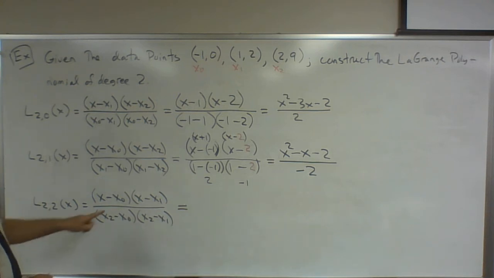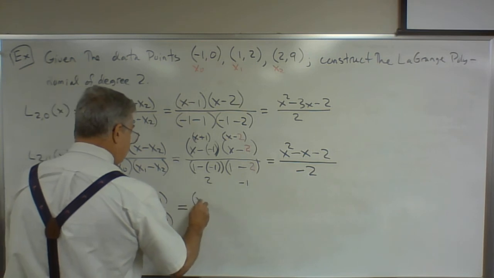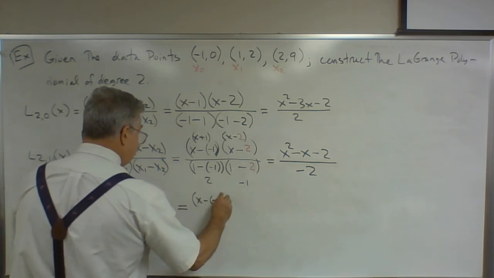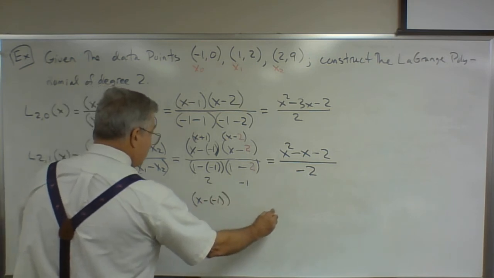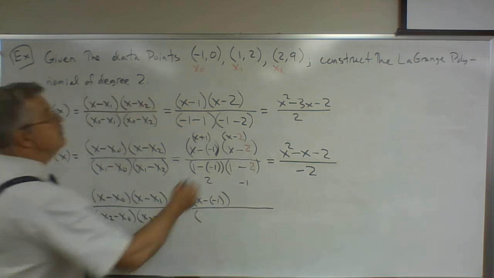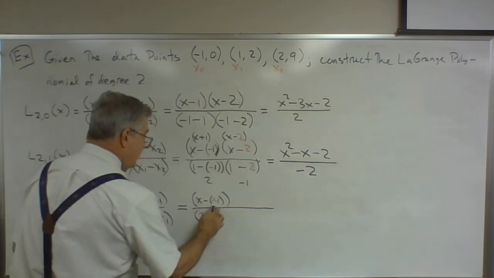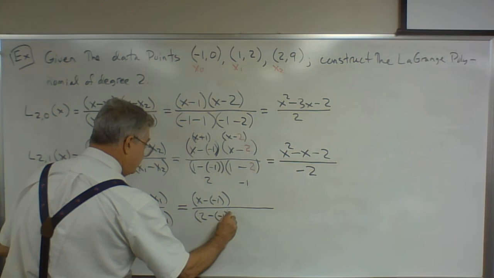Okay, I'll plug in x0, which is negative 1. So x minus x0. And on the bottom, I'm going to have x2, which is 2, minus x0, negative 1.